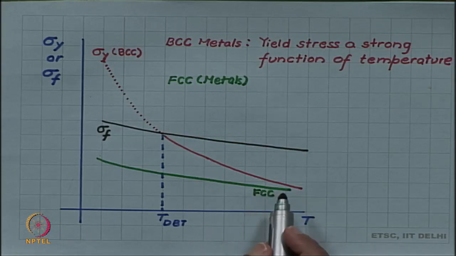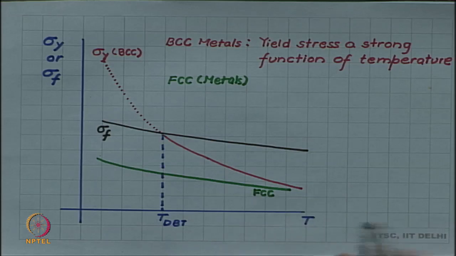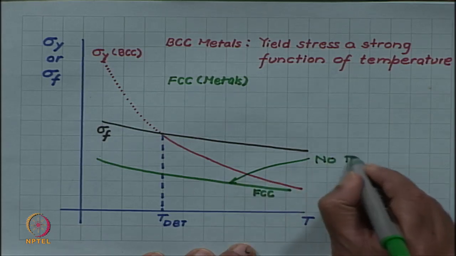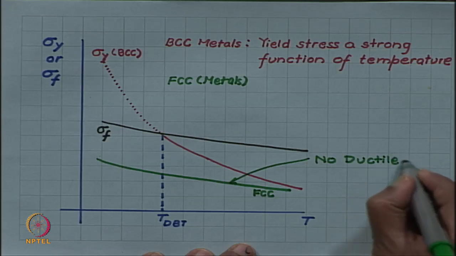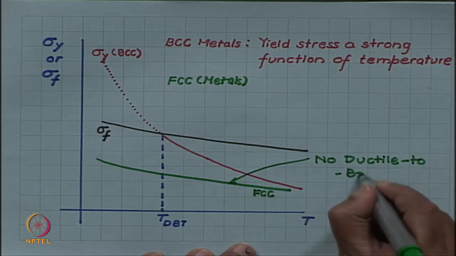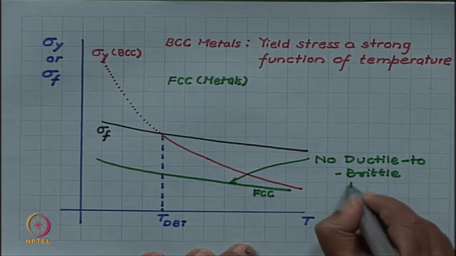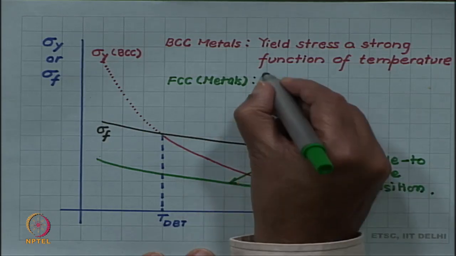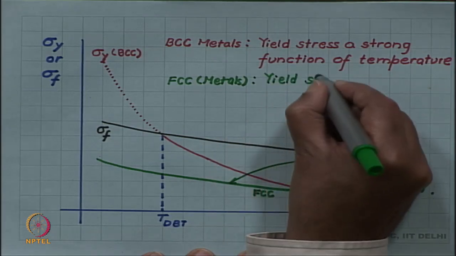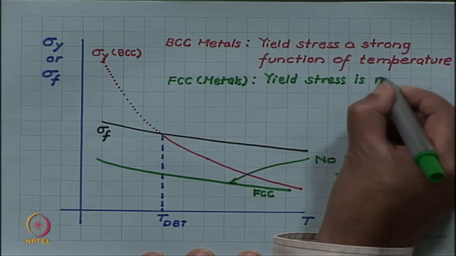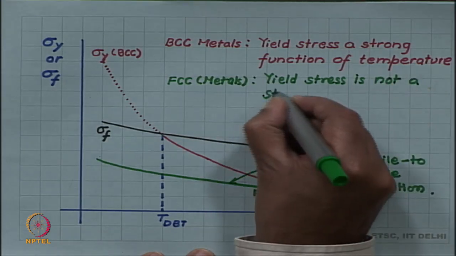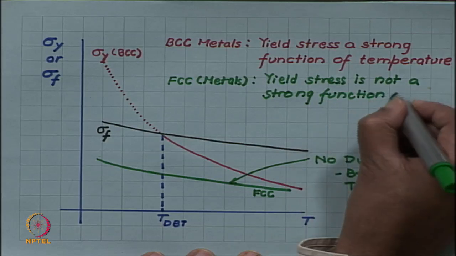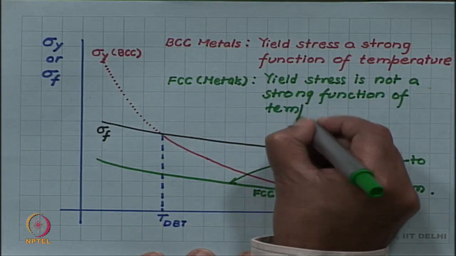Since there is no intersection, there is no ductile to brittle transition in FCC metals, and this is because, as I said, yield stress is not a strong function of temperature.